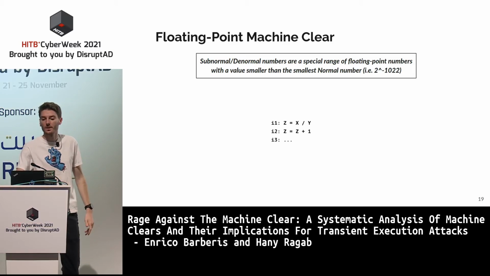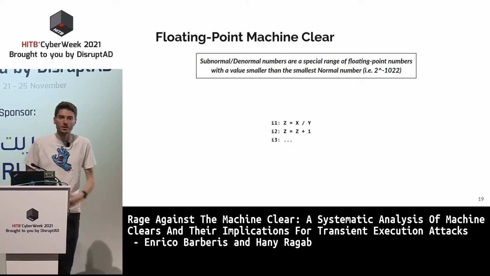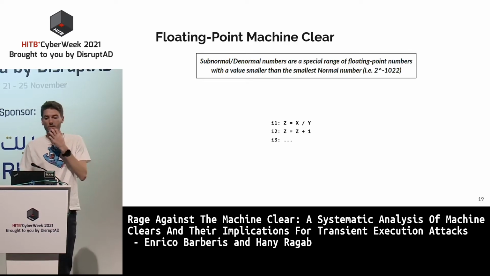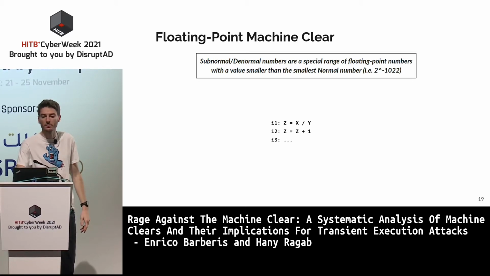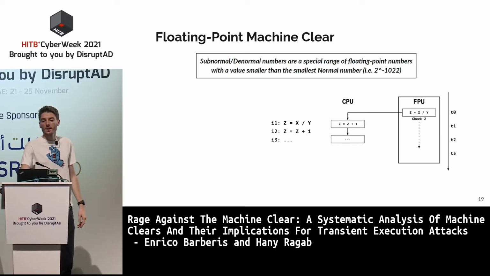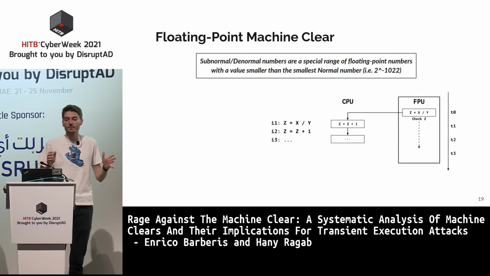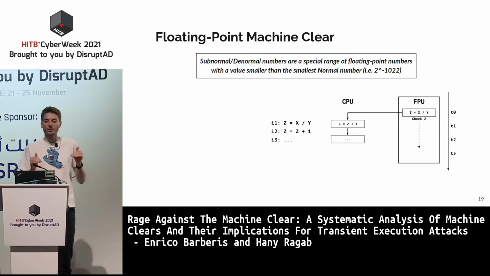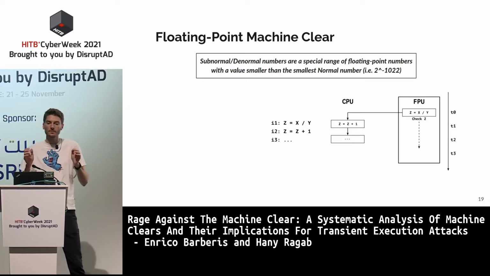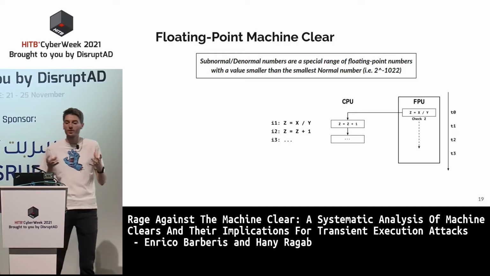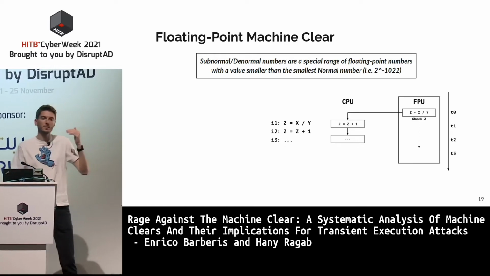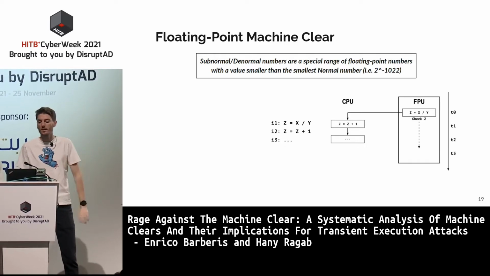Again, let's use a snippet of code to explain this more easily. Let's suppose we have some floating point operation, a division followed by an addition, a very common snippet of code. Basically every time the following is happening. The floating point unit is performing a division. But since the floating point unit must be fast, it's always operating on normal numbers, the standard floating point numbers. It's always betting that this special representation never kicks in.